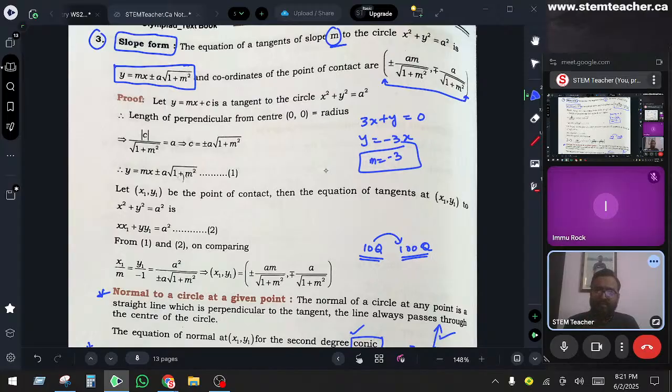Okay. X square plus y square is equal to a square. A value is 5 by 2. Okay. Substitute both in this equation. We have to take this case.